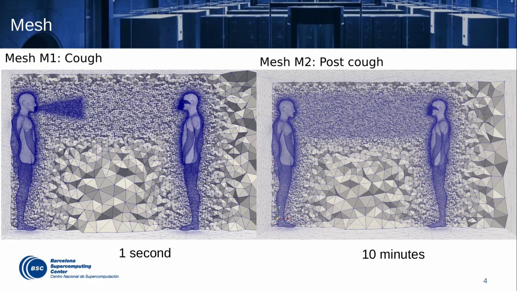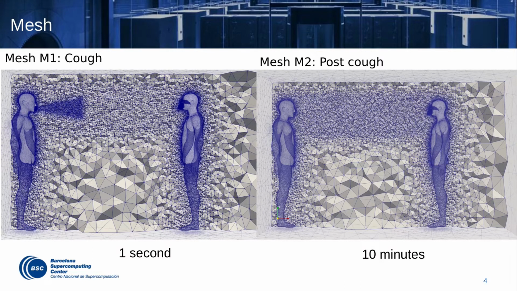To resolve the spatial and temporal multiscale problem, we apply two different meshes. One for the coughing event, mesh M1, to resolve the cough jet and all the features. Then the mesh M2 to resolve the droplet aerosol transport for 10 minutes in the room.